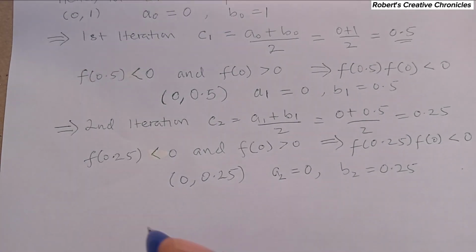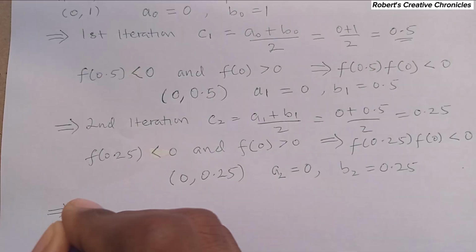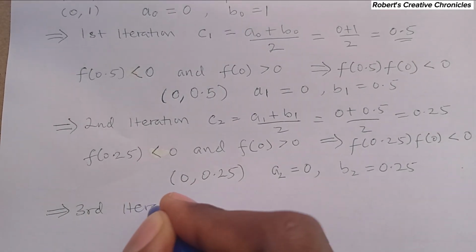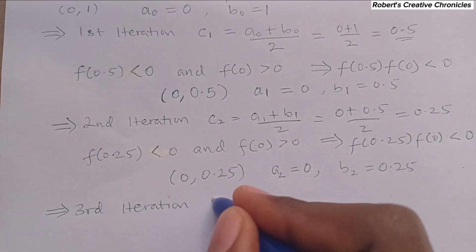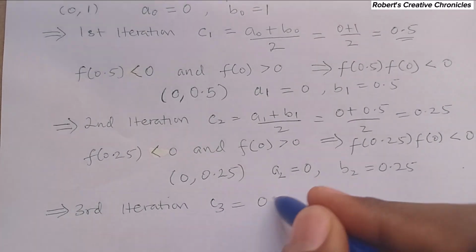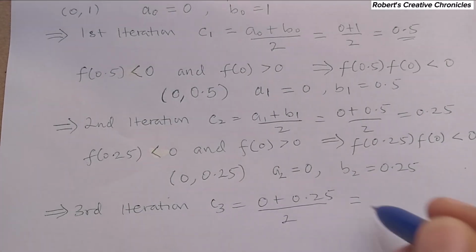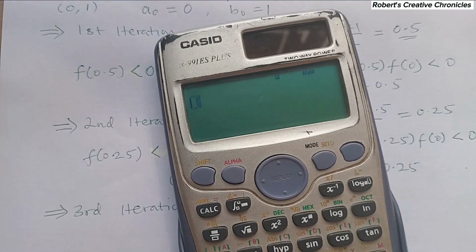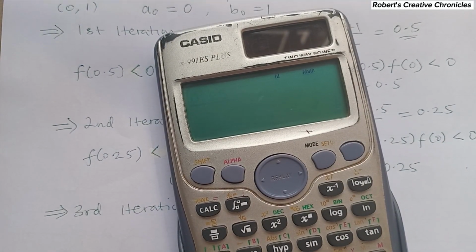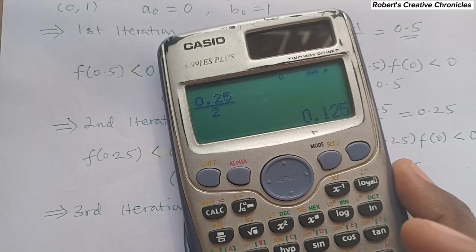So now we will do the third iteration. C3 is equals to 0 plus 0.25 over 2. This is 0.125.